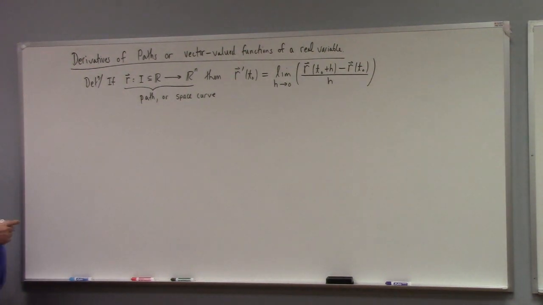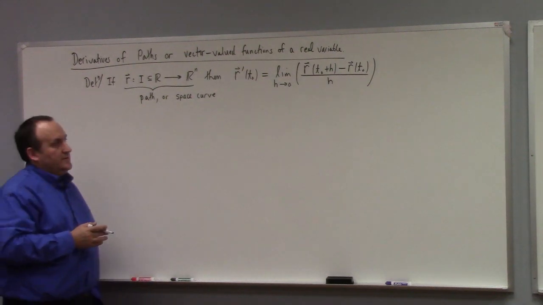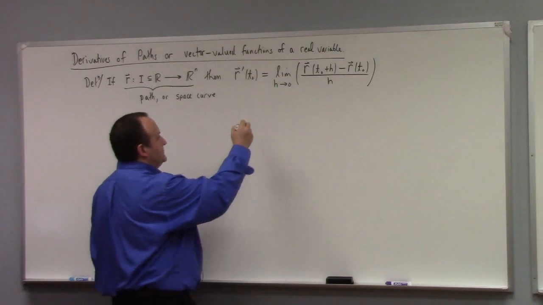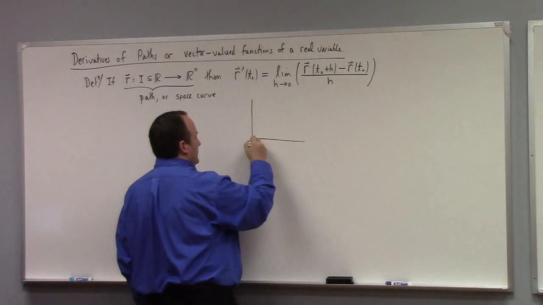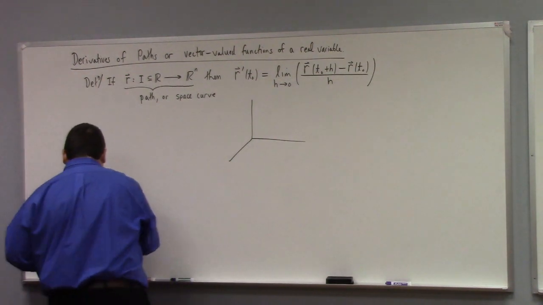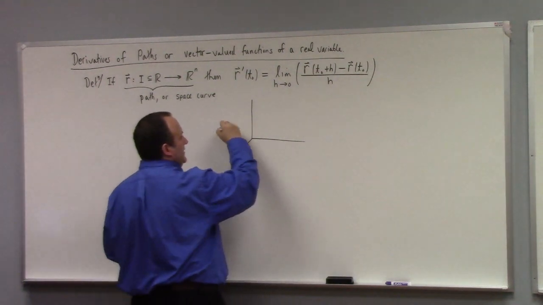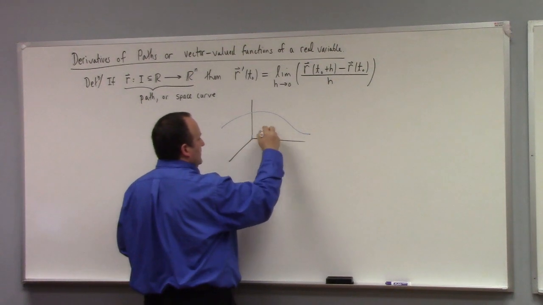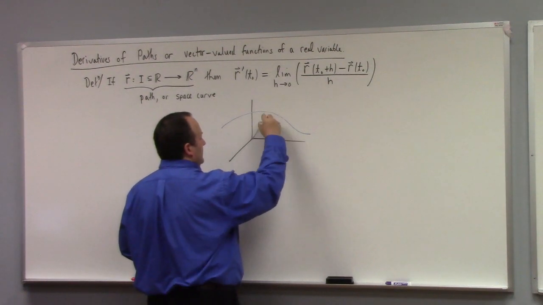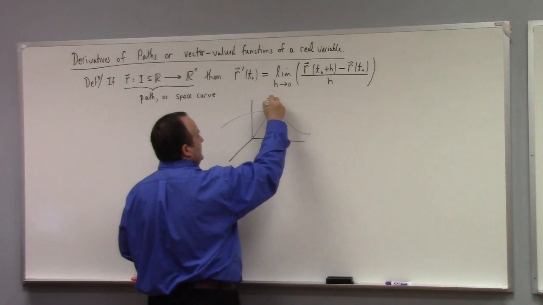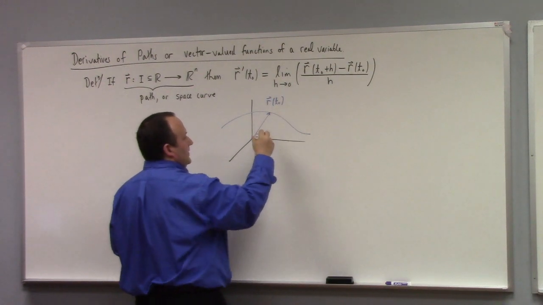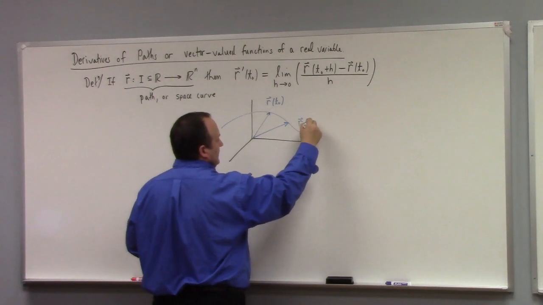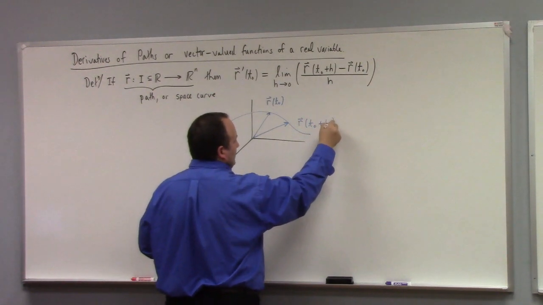So, look, let me draw a picture of this in 3 dimensions. So what's going on here, if you want to picture it, we've got some curve, whee, right? And so here is perhaps R of T naught, right? And then maybe over here is R of T naught plus h, right?